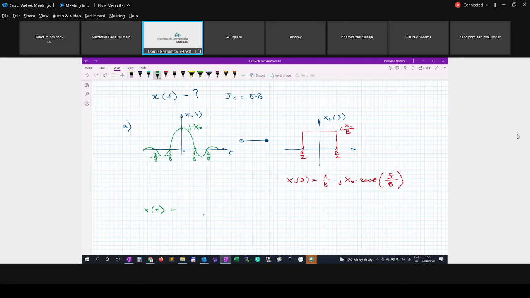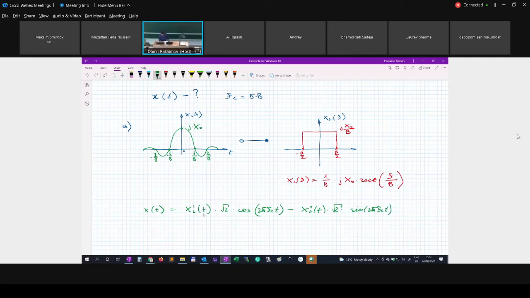So you have xl prime of t times square root of 2 times cosine 2 pi fct minus xl double prime of t times square root of 2 times sine 2 pi fct.